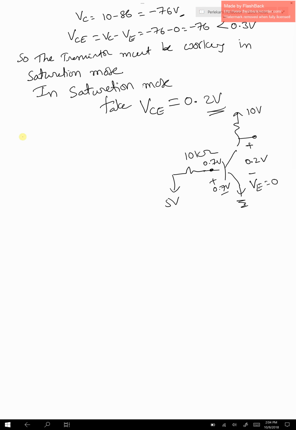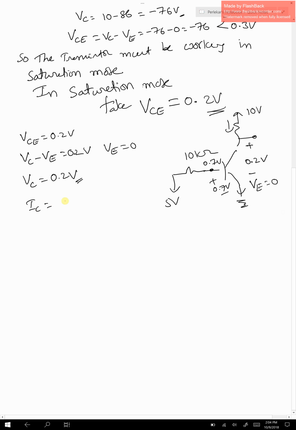So VCE equals 0.2 volts. You can see VC minus VE equals 0.2 volts and VE equals 0, so VC must be equal to 0.2 volts. Once we know VC, can we find IC? IC must be equal to 10 minus 0.2 divided by the resistance value.